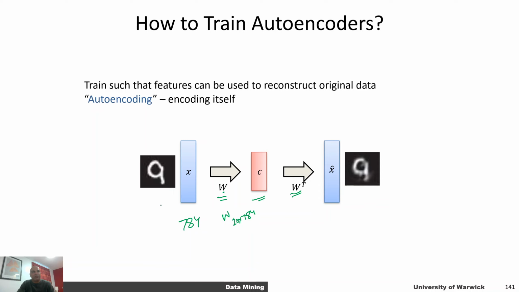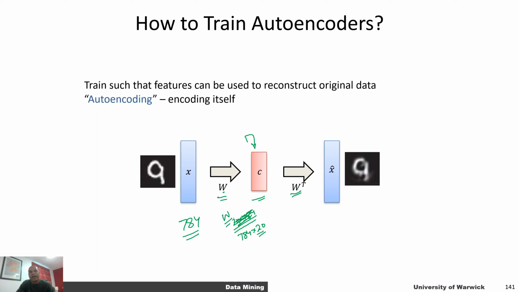Remember, if you have an input example that is 784 dimensional and you multiply it with a weight matrix that is 20 by 784, sorry, I should have used it the other way around, 784 by 20, you end up with a 20-dimensional vector representation, which forms your code.